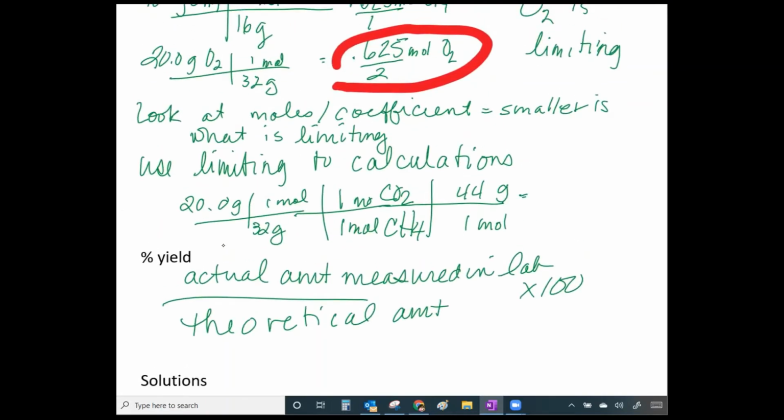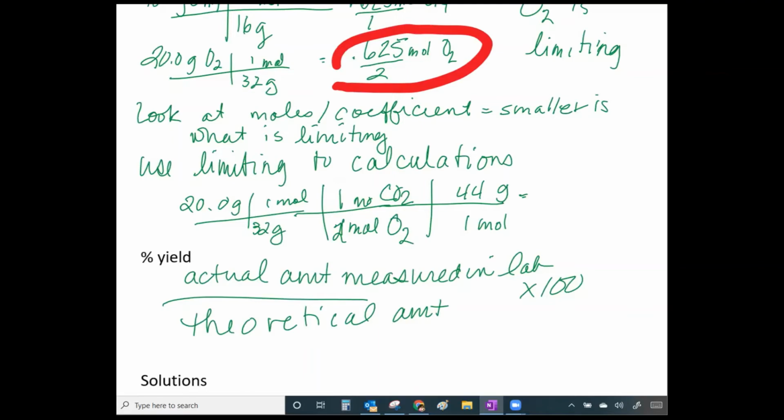I used the wrong one. This should be 2 moles of oxygen to 1 mole of carbon dioxide.